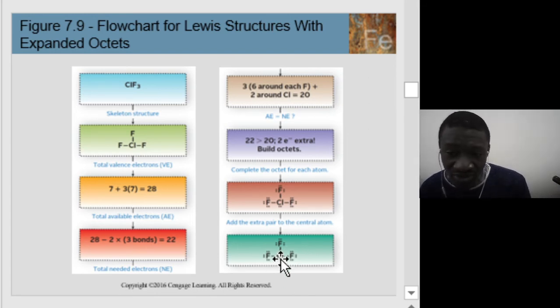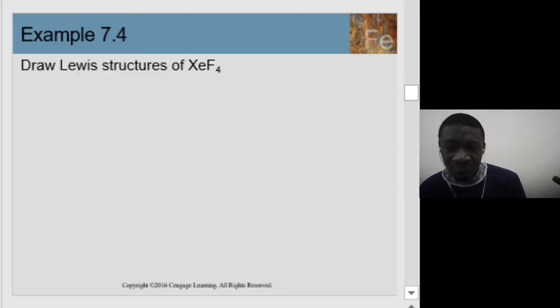So you put an extra pair on chlorine, that makes it the expanded octet, where it doesn't have 8 now, it's going to have 10 for balance sake.